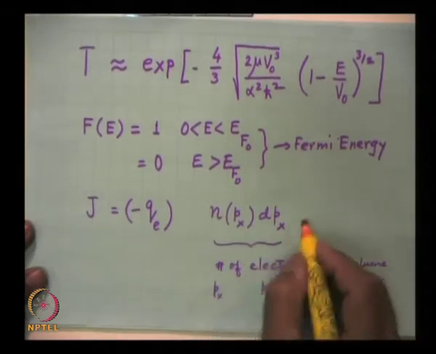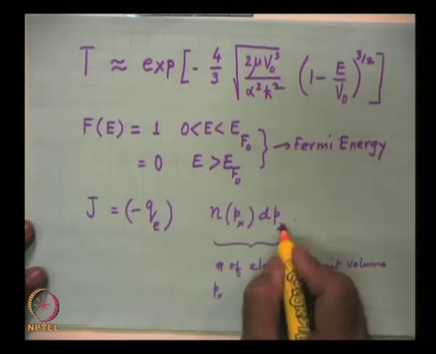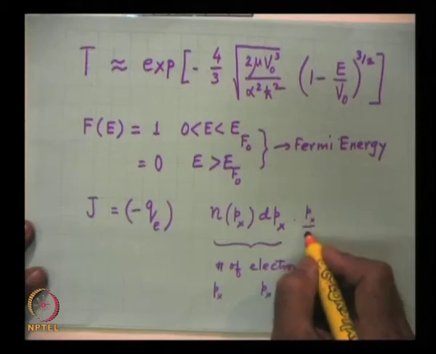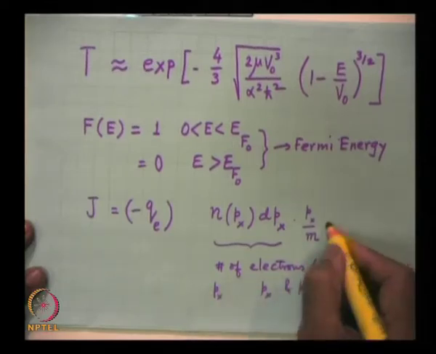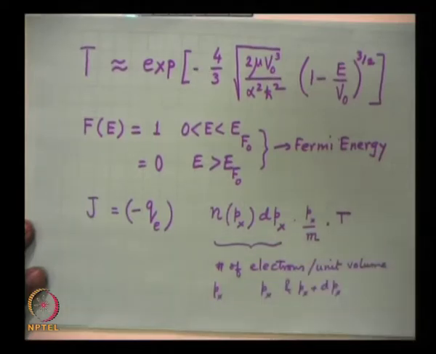And then the velocity: the number per unit volume multiplied by the velocity, p x by the mass of the electron, will be the current.